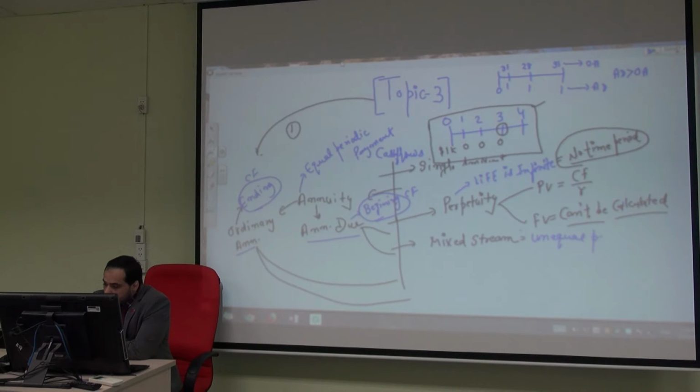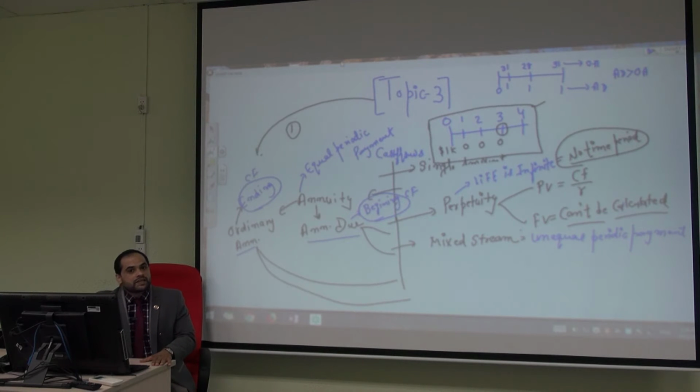When we have unequal periodic payments, we call it a mixed stream. It means we have mixed cash flows, not the same or equal cash flows.